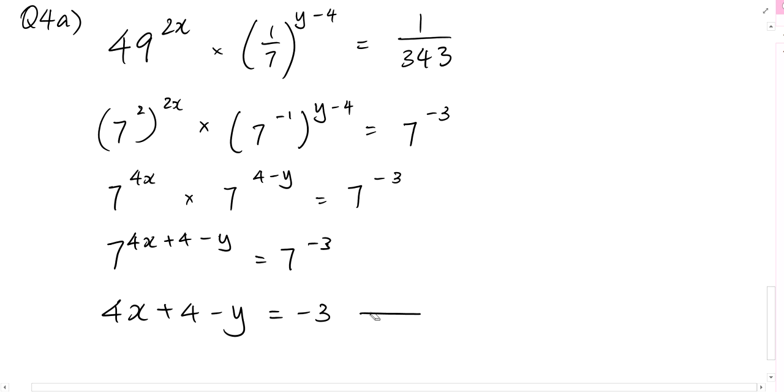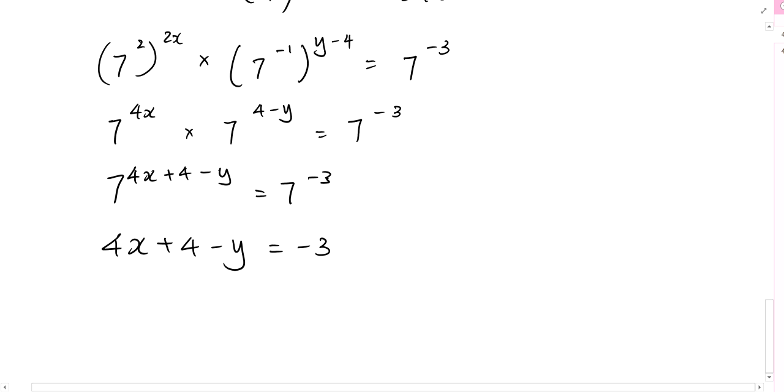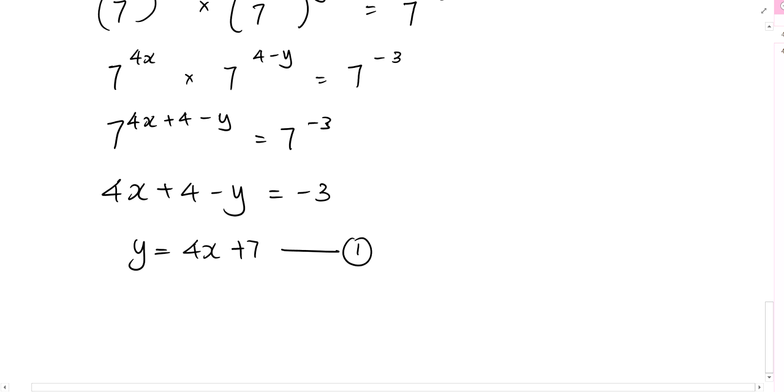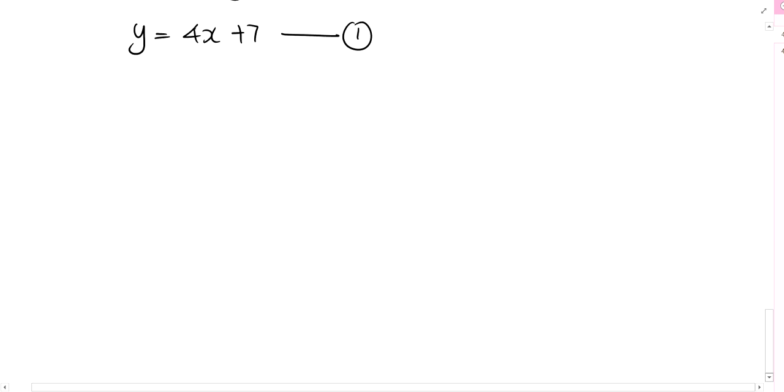Okay, let me simplify it a little. Let's make y the subject, since I like to do substitution. Y equals 4x plus 7. First equation that I have. So since this is a pair of simultaneous equations, I've got 3 to the power of x plus 3 divided by 1 over 27y equals 1 over 9.